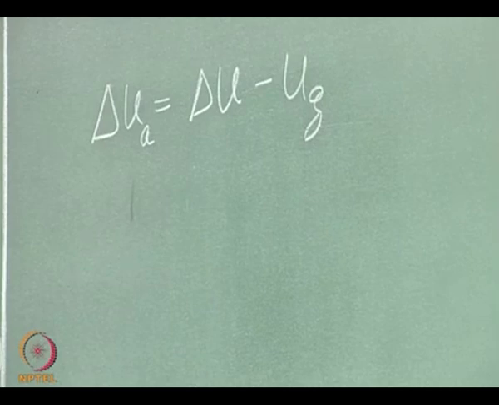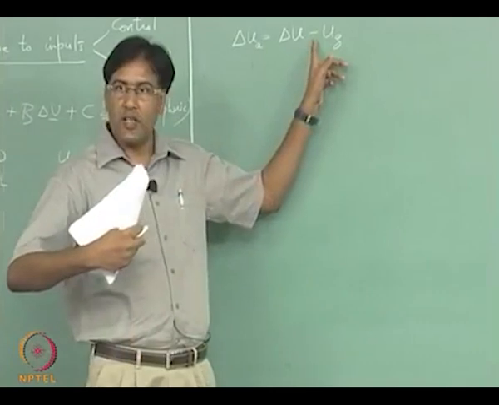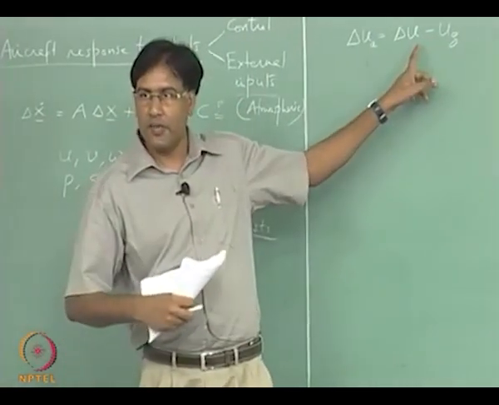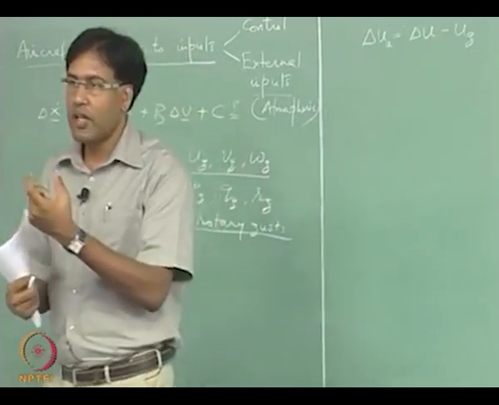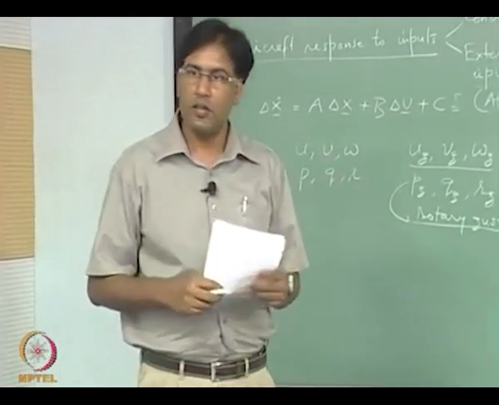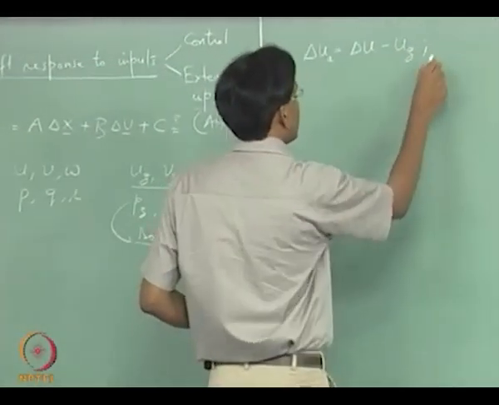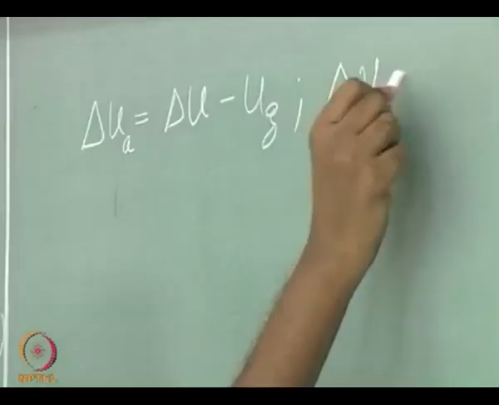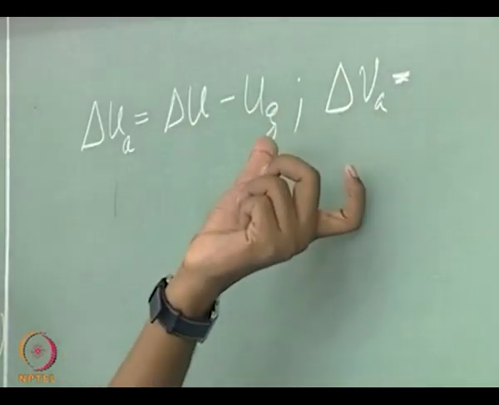So I am putting a minus sign here because this u I am taking in the direction of the x axis, right. This u is in the same direction, so relative airspeed is low, right, if the wind is in the same direction. Similarly, you can also write other components of velocity. This is what now the aircraft is going to see.